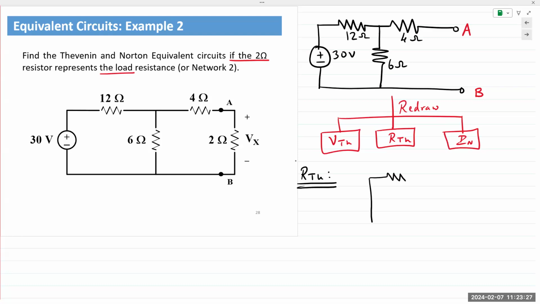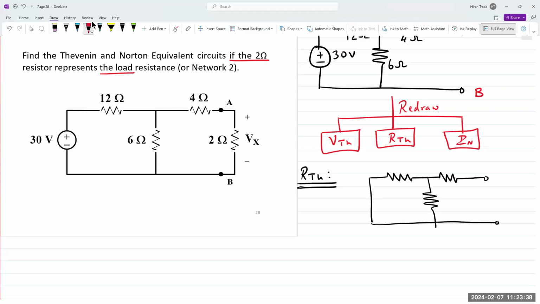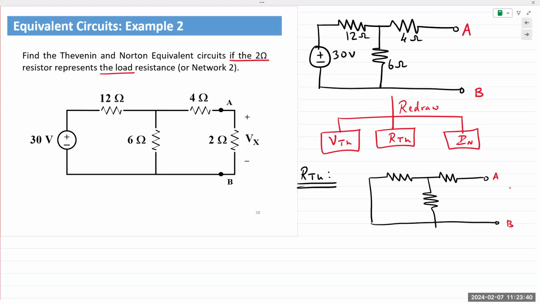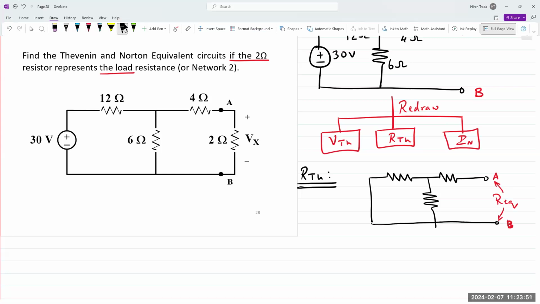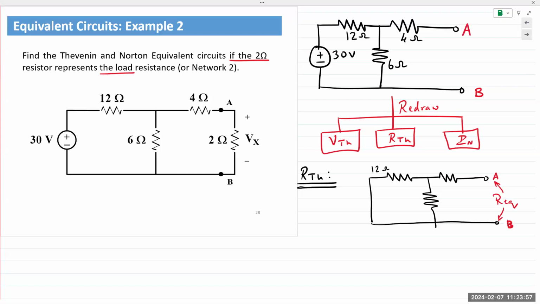All I'm left with in the circuit are 3 resistors, and I have to find Req between terminals A and B. The 2 ohm resistor is not part of the analysis. We simply find Req between those open terminals.